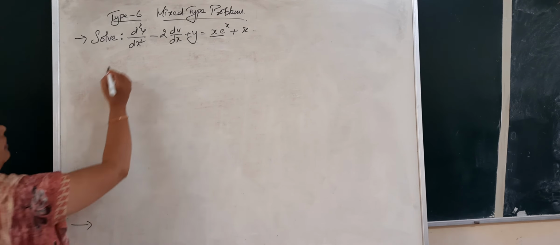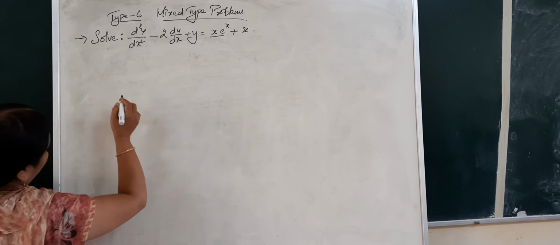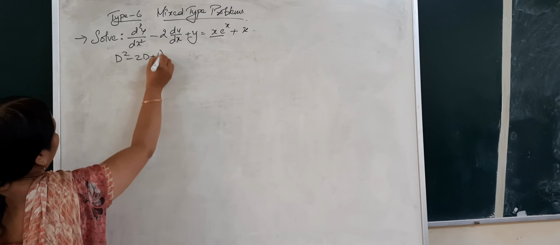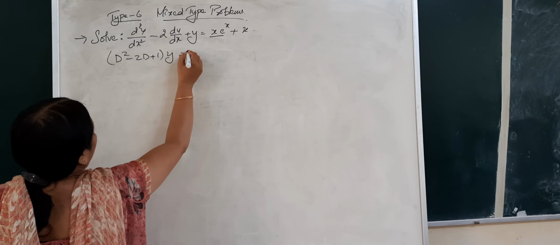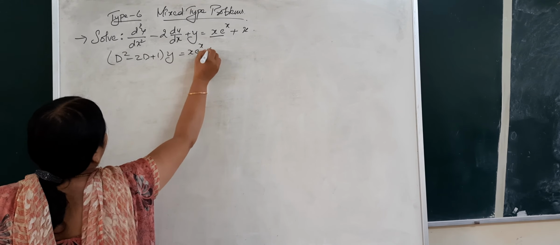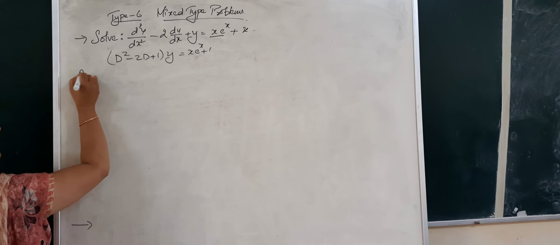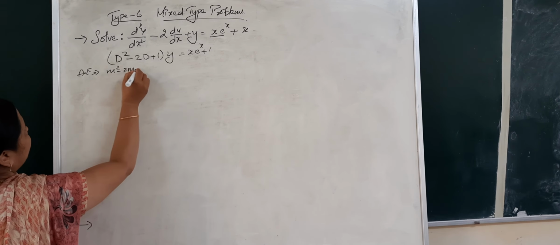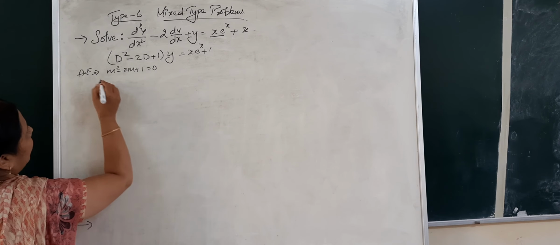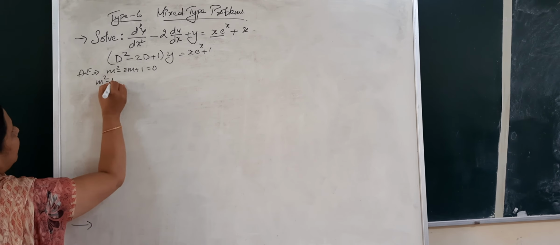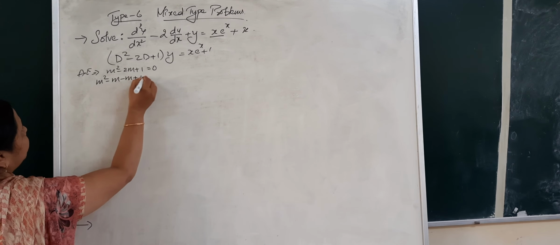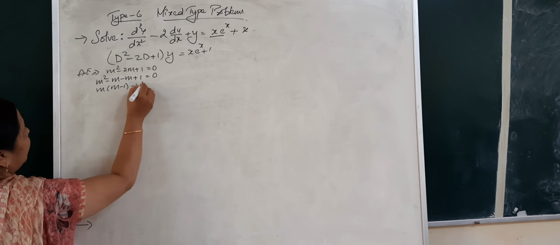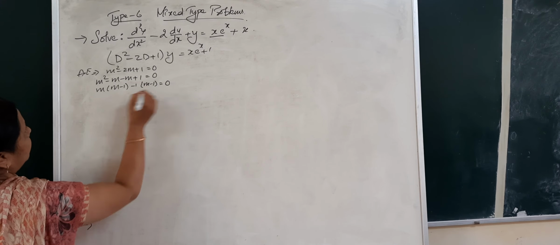Let us see. We put it in the operator form as the first step. So we get d square minus 2d plus 1 into y is equal to x e power x plus x. Now the auxiliary equation says m square minus 2m plus 1 is 0. Applying splitting the middle term, m square minus m minus m plus 1 is 0. m into m minus 1 minus 1 times m minus 1 is 0.